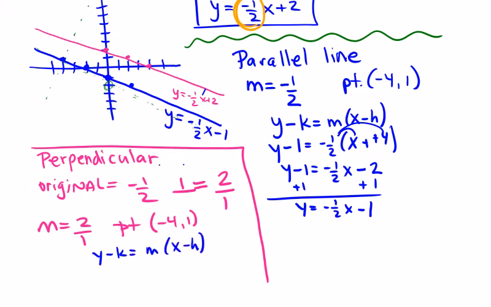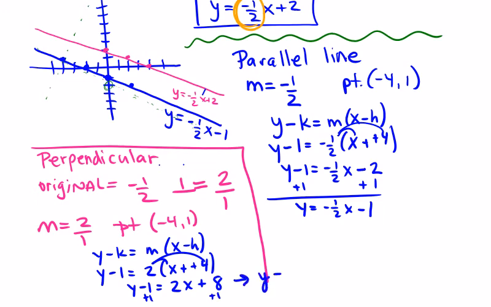So this is going to get us y minus 1 equals our slope of 2 times (x minus -4). Change our signs, do the distributive property, so y minus 1 equals 2x plus 8. And now if we add the 1 to the other side, we get an equation of y equals 2x plus 9. So this is our equation for the perpendicular line.